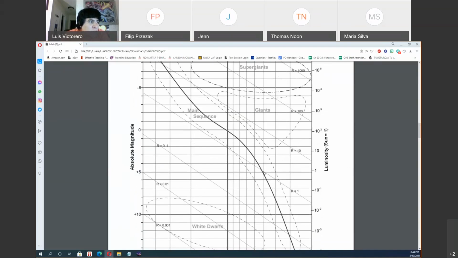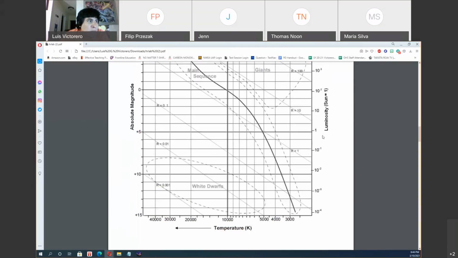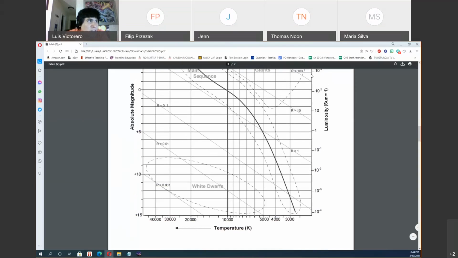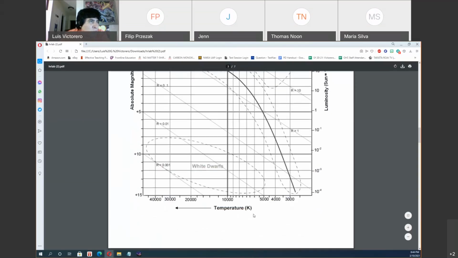And that makes sense because the temperature of the sun is around 5,800. So the sun is around here. Always try to use it as a reference when you compare it to other stars, by the way. The luminosity goes in powers of 10 with respect to the luminosity of the sun. So this is 10 times the luminosity of the sun, 100 times, 1,000 times, and so on. That's why you're going to use the absolute magnitude and the temperature to do the plots.